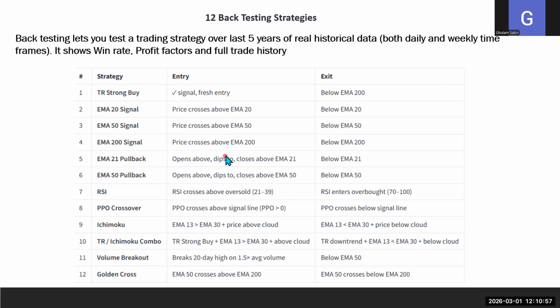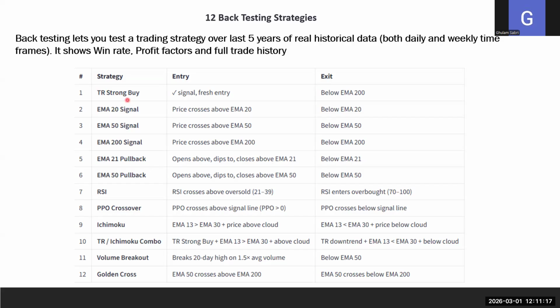I don't want to go into the details of all this. If you go to our app, there's a section of FAQs, frequently asked questions, and it describes each strategy in some detail. Now, this particular table gives you the entry and exit points for those strategies. So TR is one of the strategies which we can backtest.